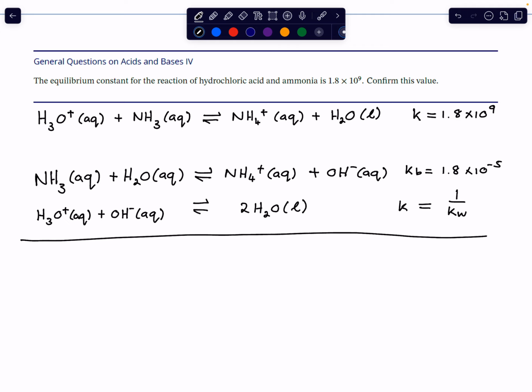So let's look at the sum of these two equations and what that gives us.